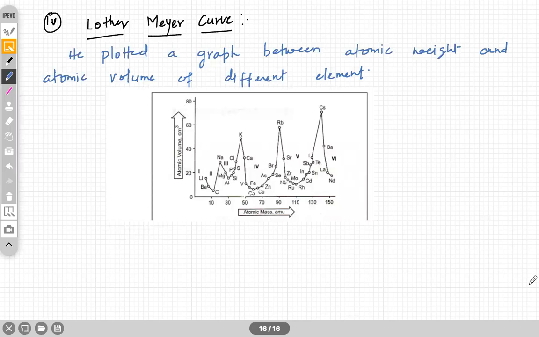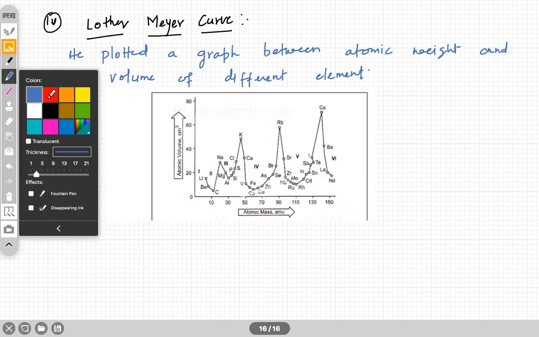What he observed in this is that the electropositive elements, that is group 1, alkali metals, occupy the peak position on the curve.